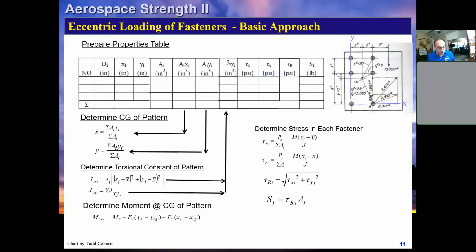What we can actually put in also, we could put a margin of safety in this table if we wanted. For example, we could have the margin of safety for shear, right? If we look up the shear allowable of a fastener, this margin of safety would just be the shear allowable of the fastener divided by the shear, minus 1, for each and every fastener. This is for shear.